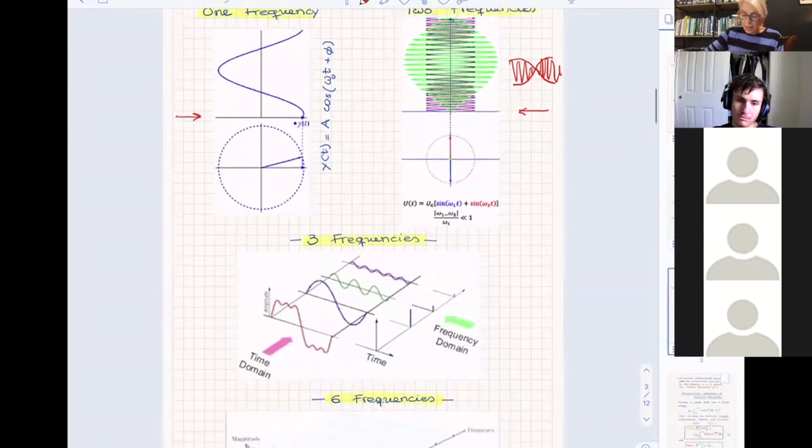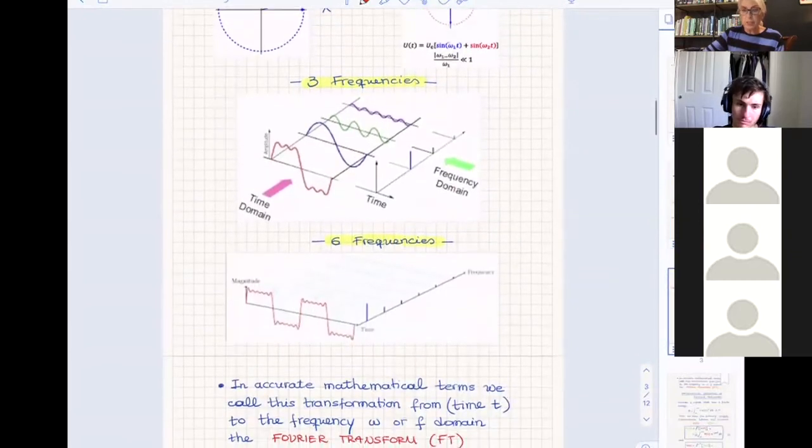And then I can go to 6 frequencies that I superimpose, and I can get this one. That's very interesting to realize, because what is happening is I can create signals by superimposing multiple monochromatic waves.